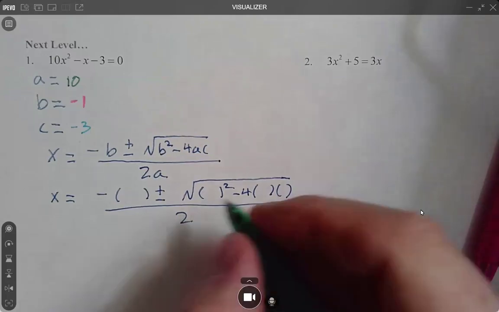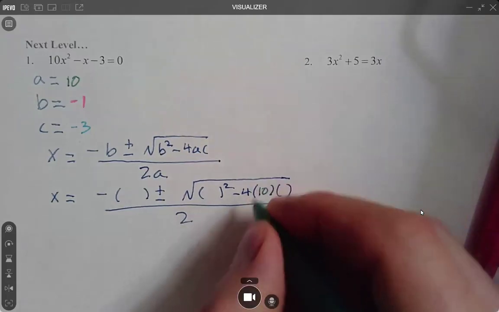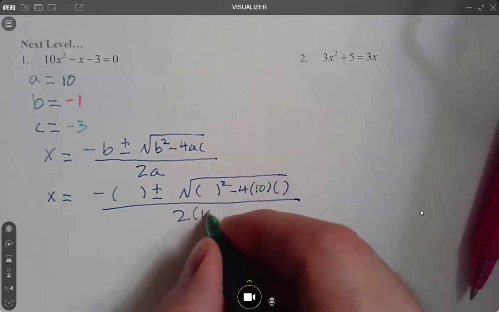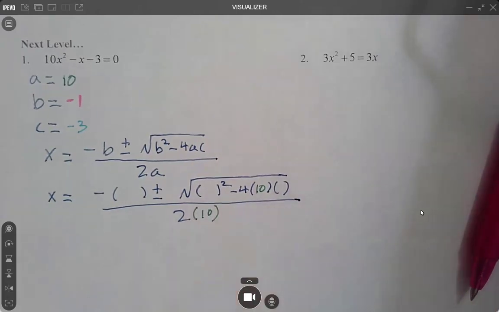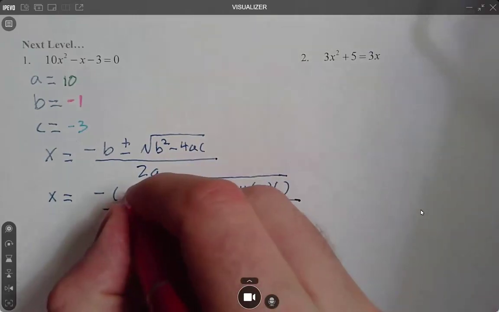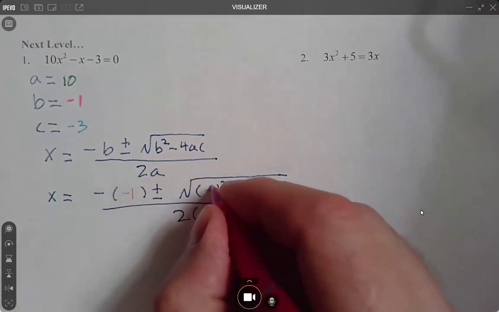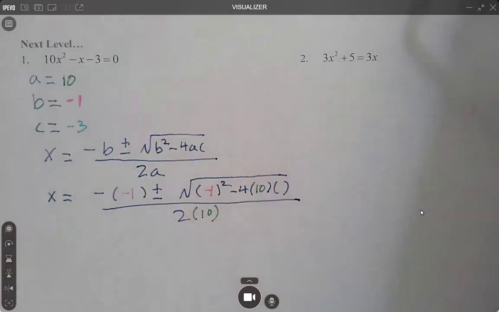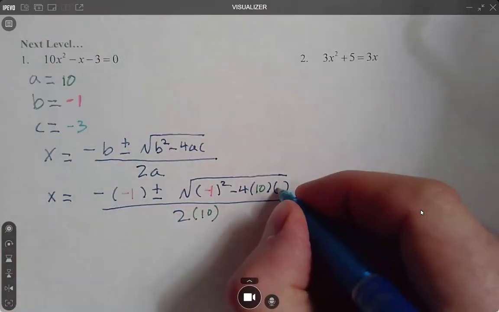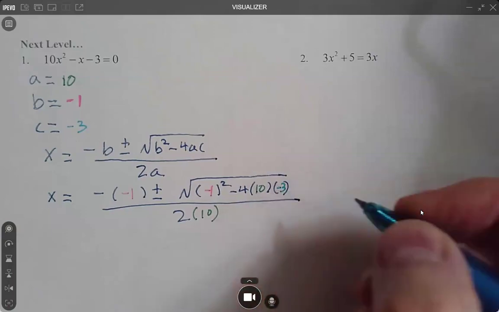So there's two spots 10 goes, here and here. And then B is this negative 1 that goes here and here. Then C is negative 3, that goes here.